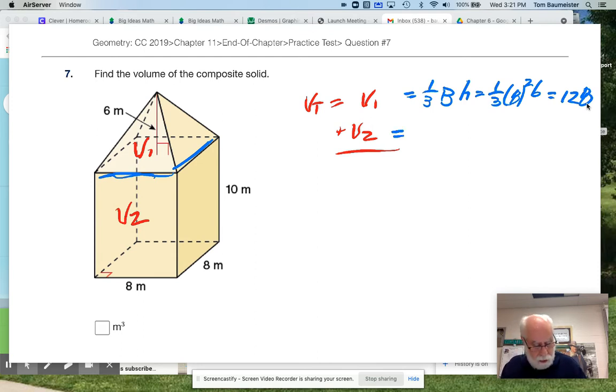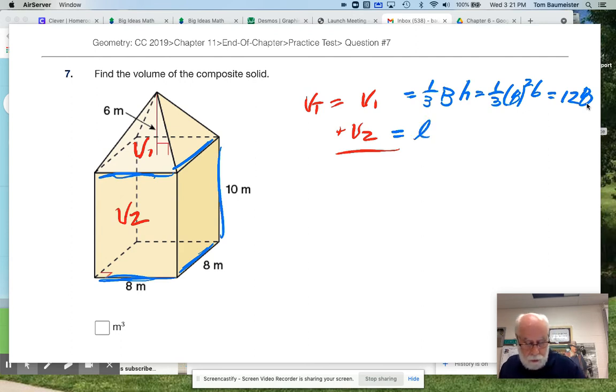The volume of the second one, again, if it's a box there, remember on a rectangle or square or that kind of prism, it's length times width times height, if you want to think of it that way.